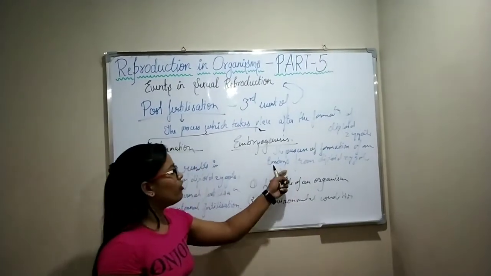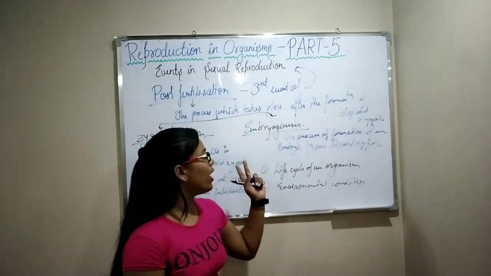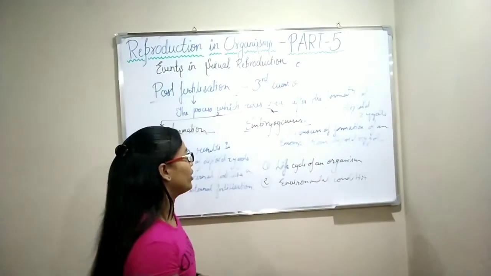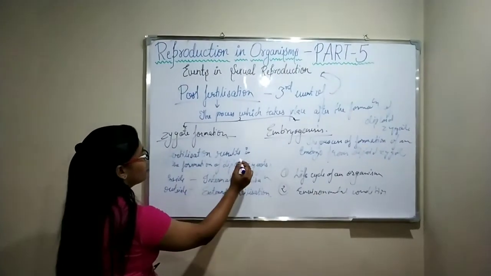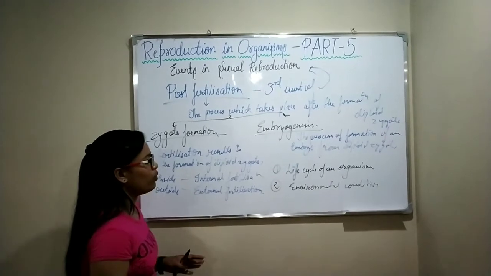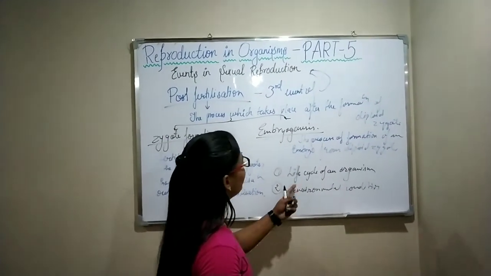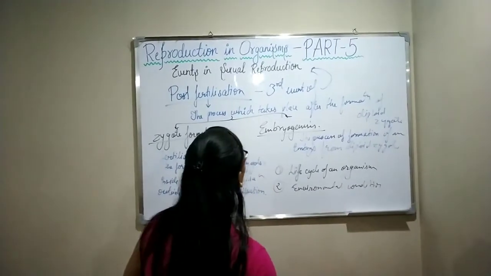That is the definition of embryogenesis. And in zygote formation, fertilization results in the formation of a diploid zygote, inside or outside, no matter. It depends on the life cycle of an organism, and it also depends on the environmental condition.